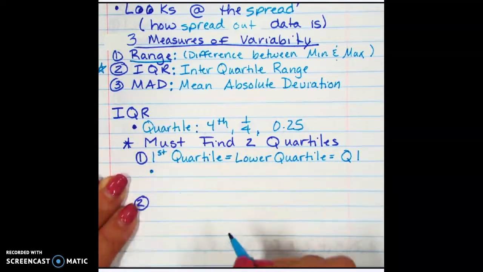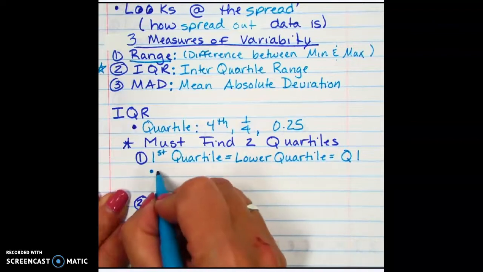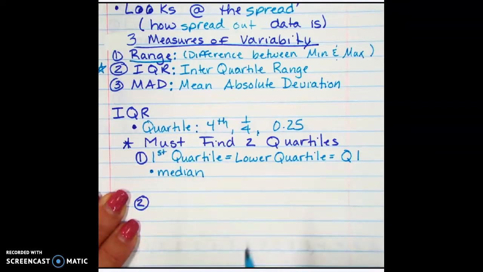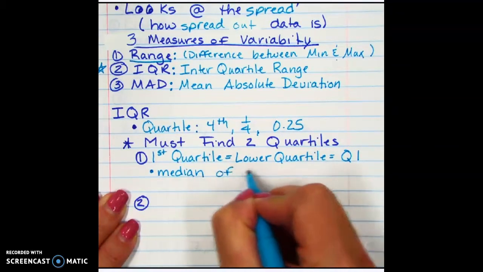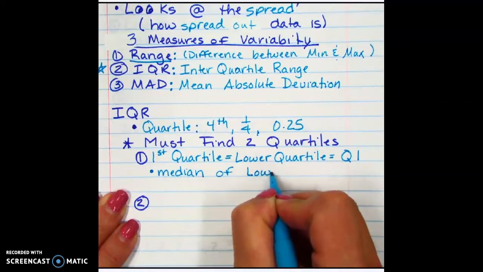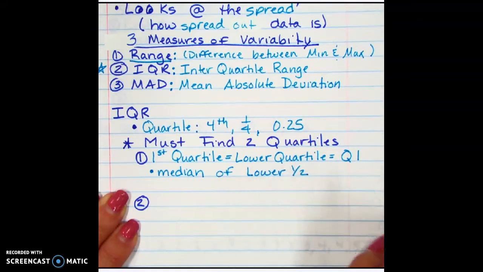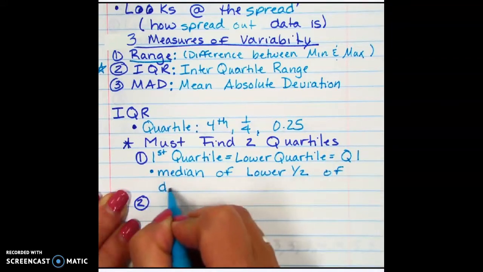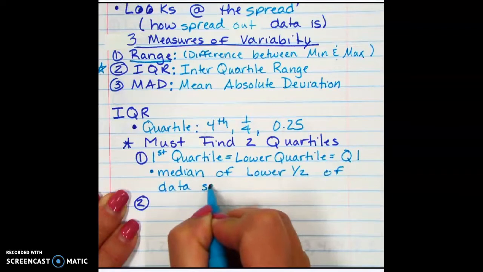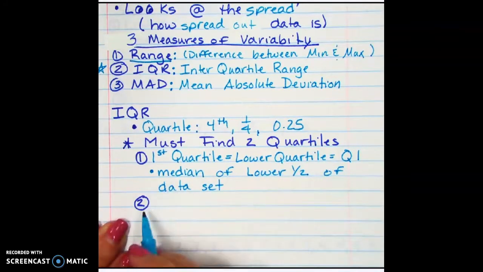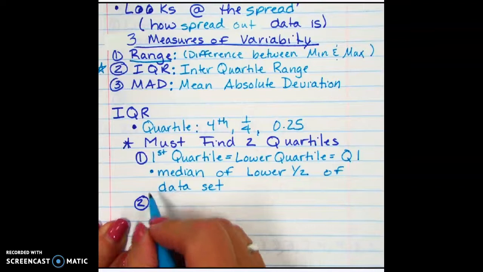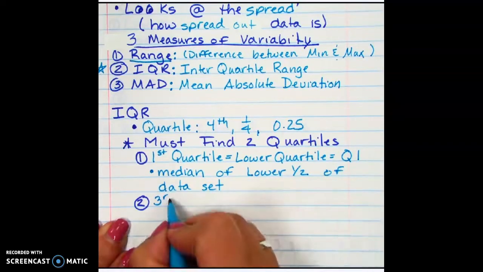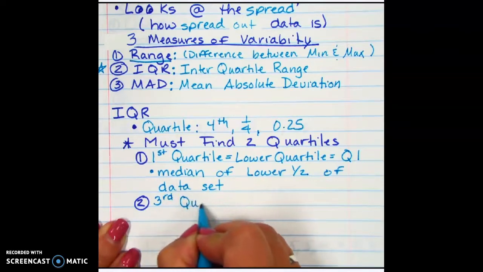Now, what is the first quartile? The first quartile is the median, and we know how to find median, we found it already, of the lower half of your data set. The second quartile that we will be finding is not the second quartile, it's called the third quartile, coincidentally.